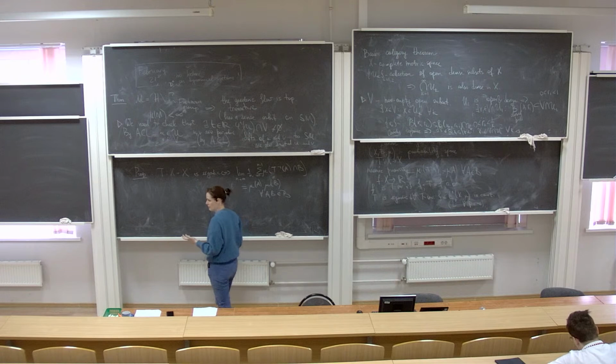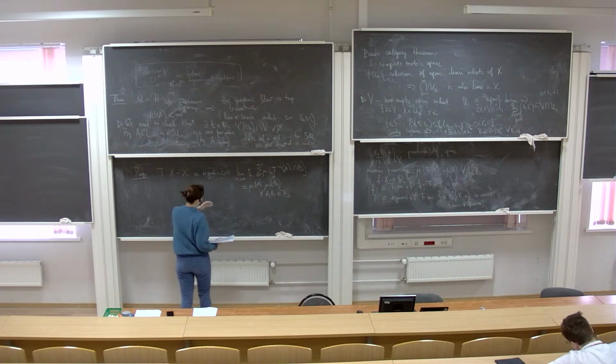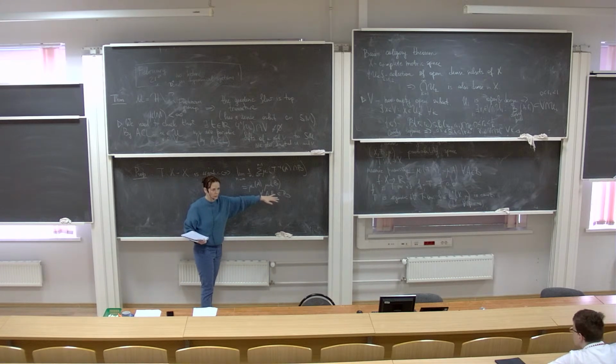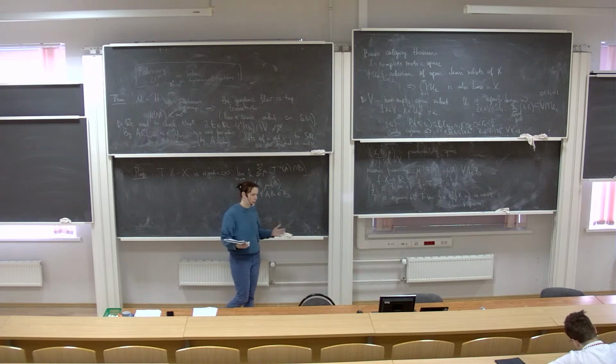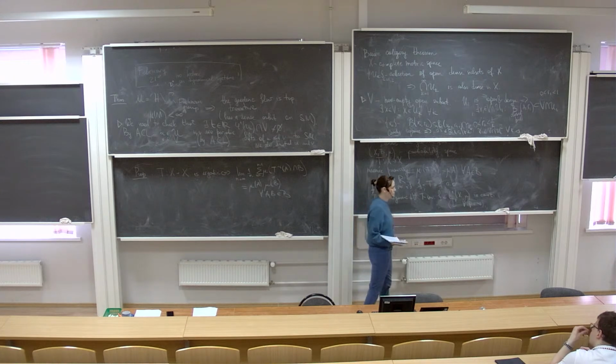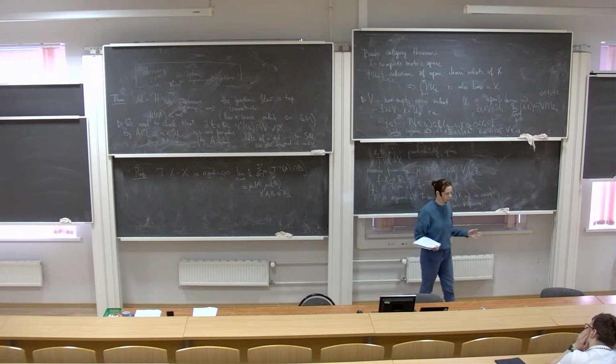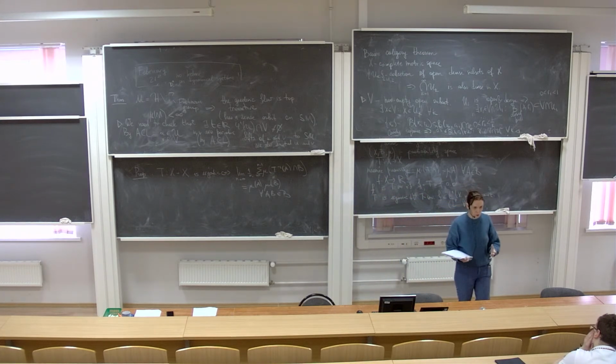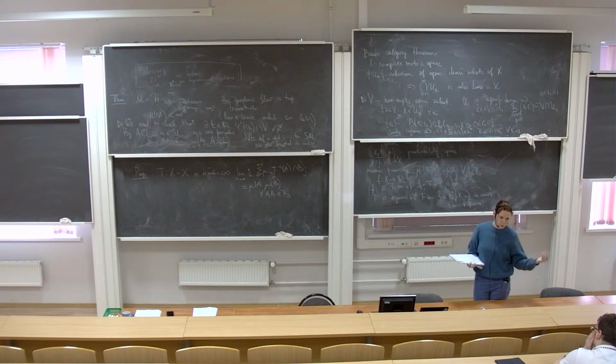Why did I tell you that we have something that looks pretty much like the definition of independent events in probability? Because you see here we have a product of these two measures. That's exactly what happens when you compute the probability of an intersection of two independent events: its probability is the product of two probabilities.